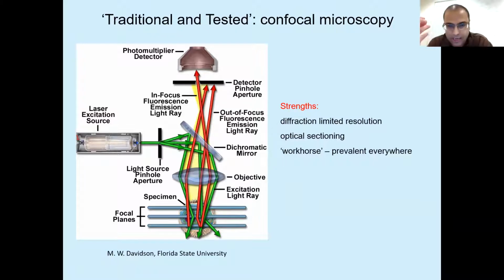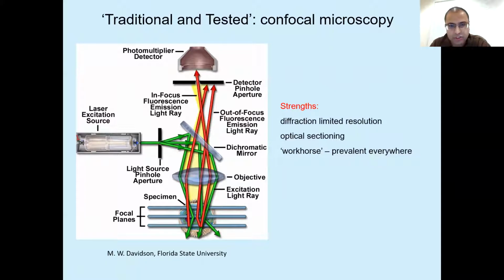The defining characteristic of a confocal microscope is this pinhole, which rejects out of focus light before it's recorded by your detector. The reason the confocal microscope is so useful is that it can provide diffraction limited resolution in samples that are not too aberrating or scattering. You do get optical sectioning because of the pinhole, and it's a workhorse, right? Most everybody has access to a confocal microscope in their university or facility.